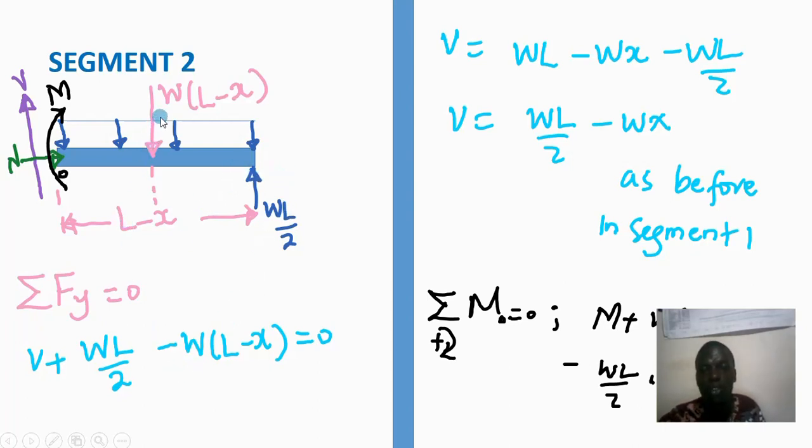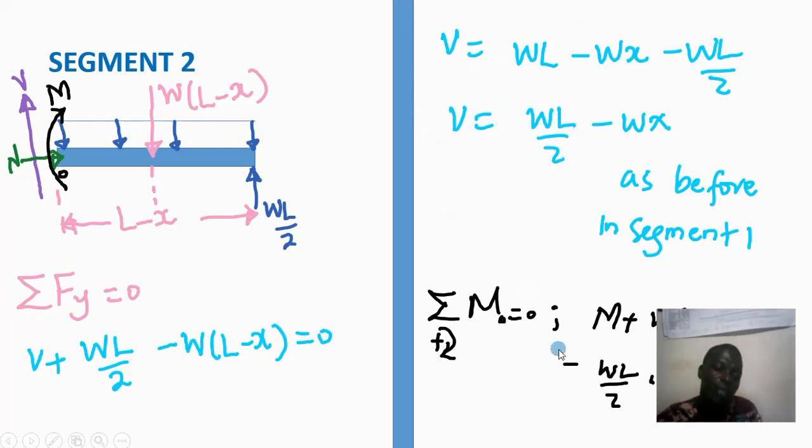Of course, W into L minus x is pointing vertically downwards, and it will be negative. Therefore this shear force V is going to be WL minus Wx minus WL out of 2, and this gives us the same expression of shear force as we have already determined.